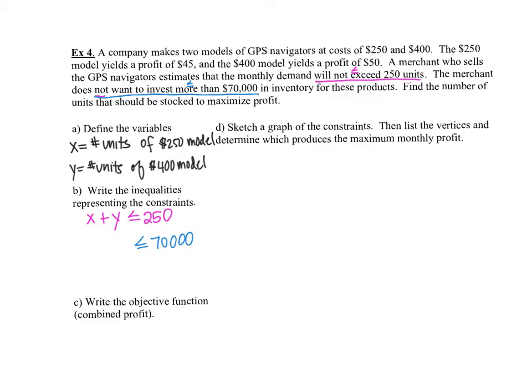But this is money, so let me go back and see the money for each one. For model X, how much does that cost? It's 250 because it's the $250 model. So 250X plus the $400 model costs 400Y.